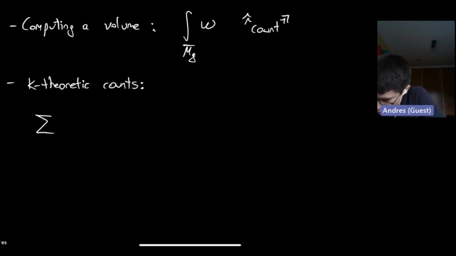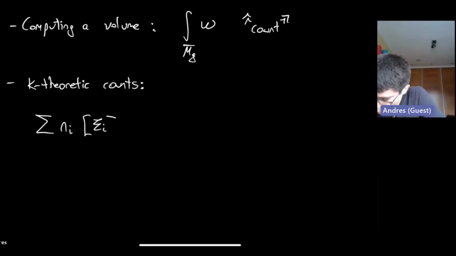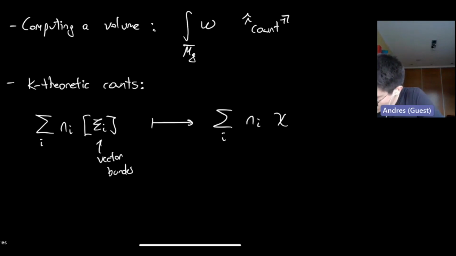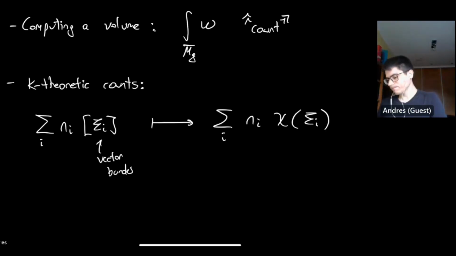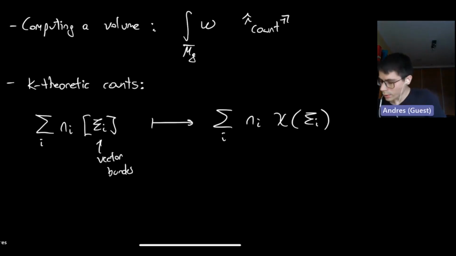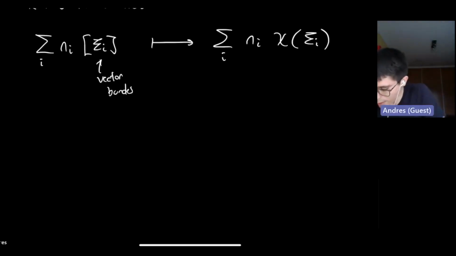A K-theory class is going to be something like a formal combination of vector bundles on the moduli space, and then the index is just going to be the Euler characteristic. So these are two ways in which you can make sense of how many complex structures you have. You can try to compute a volume, or you can try to compute some sheaf cohomology groups on your moduli space.